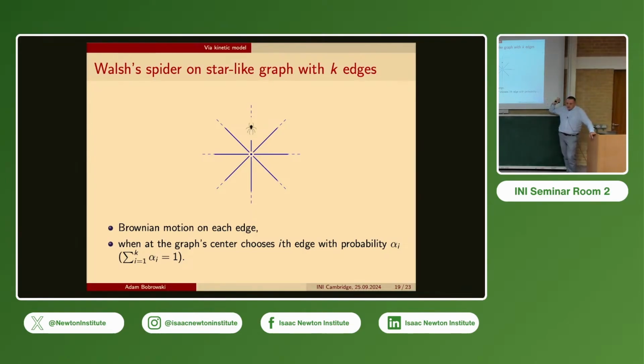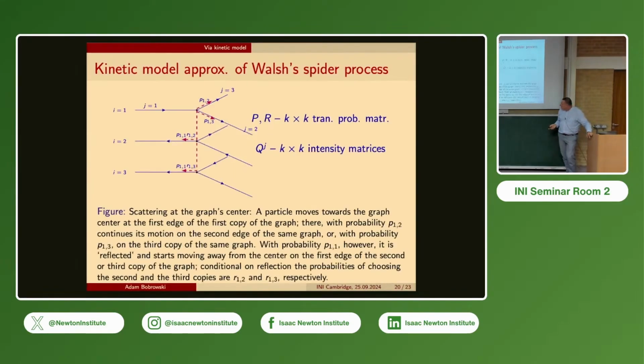There, instead of 2 lines going to 1 line, I have several rays going from 0. So how do I approximate this? It turns out that you can do this. The picture is for k equal 3, I mean, the number of edges equal to 3, but of course this works for any k.